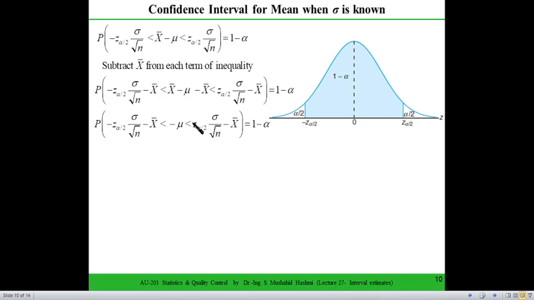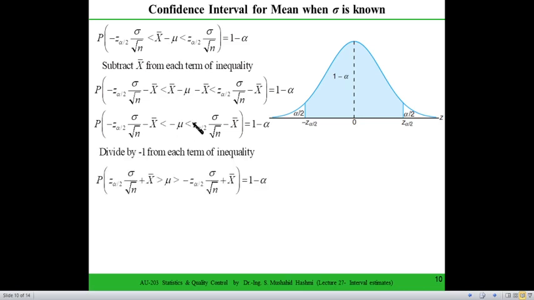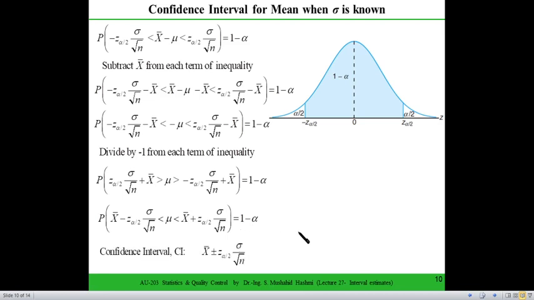Then you need to divide by minus 1, so the inequality changes. We can say that the true mean lies between these two values. This would be your point estimate, and this would be your standard error, and the true mean lies in that range with 1 minus alpha degree of confidence.